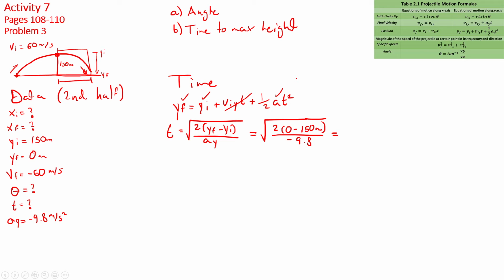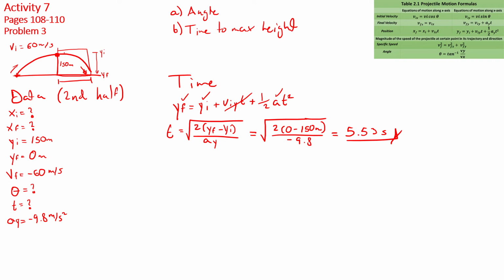The number must be positive because it will be 2 times minus 150, minus 300, divided by minus 9.8, and the square root of that will be... if you don't have the answer, sorry, pause the video. However, I got 5.53 seconds, and that's the time to the maximum height.